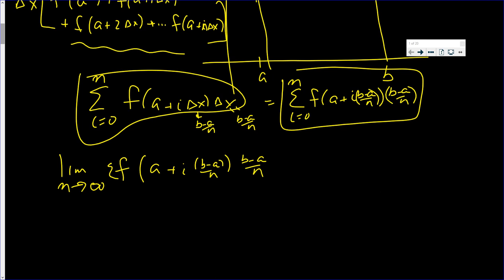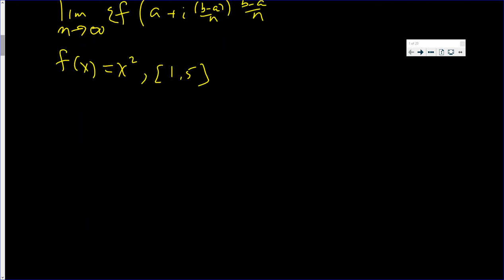That is the formula. So once again, we have f of x equals x squared, and we want to do this on 1, 5. Delta x is b minus a over n. 5 minus 1 is 4, so delta x is 4 over n.